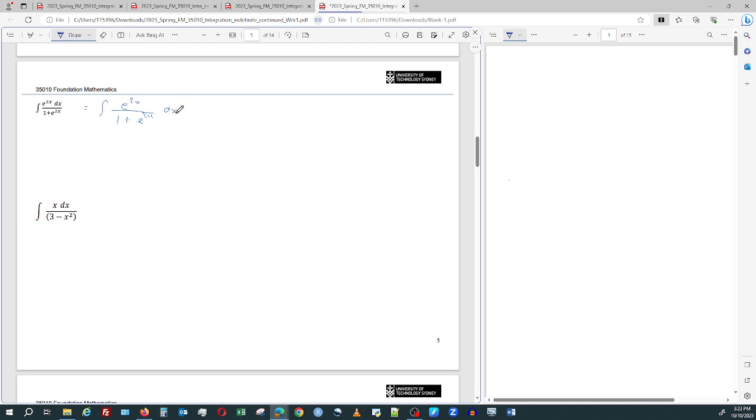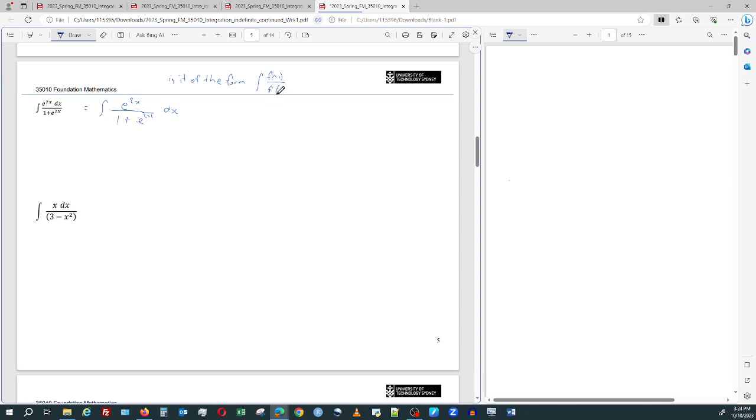Now, we've got a little problem here because we're asking, is it of the form the derivative over the function?